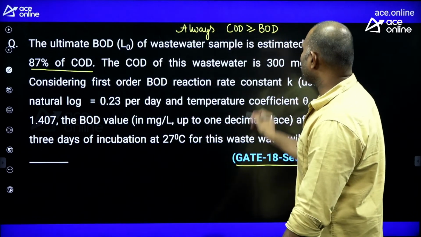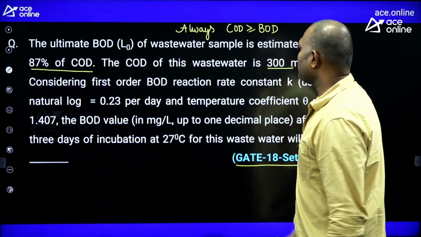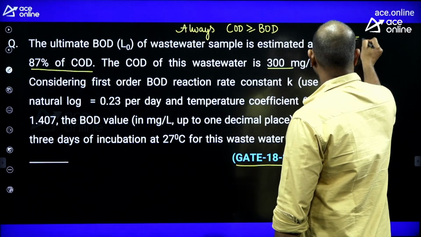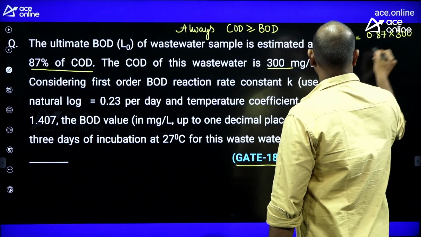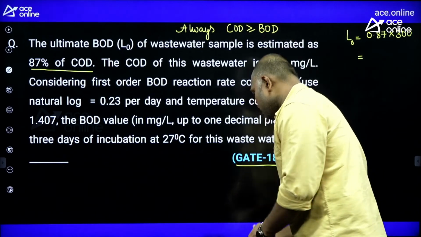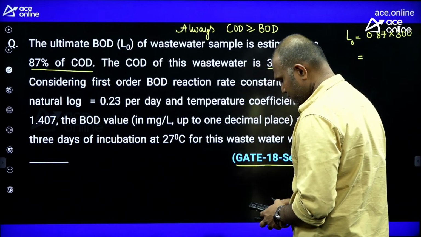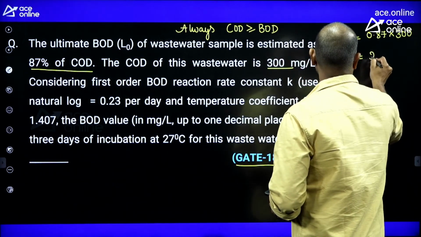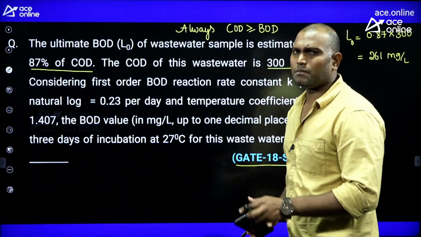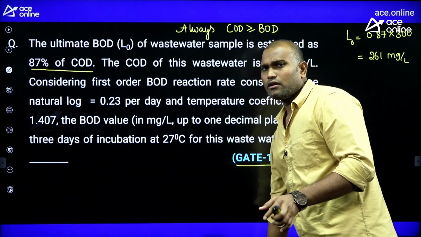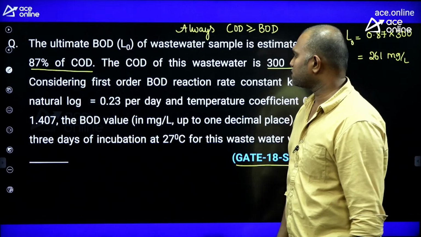So the COD of this wastewater is given as 300 mg per liter. Then from this, what is the ultimate BOD? 87% of 300. So that value goes as 261 mg per liter of the ultimate BOD. That much amount of oxygen is required or consumed by the microbes.